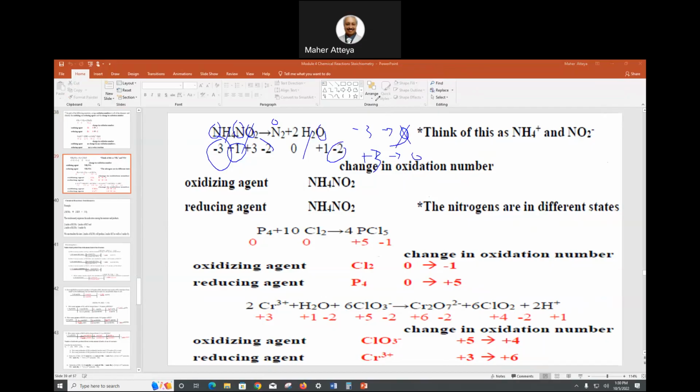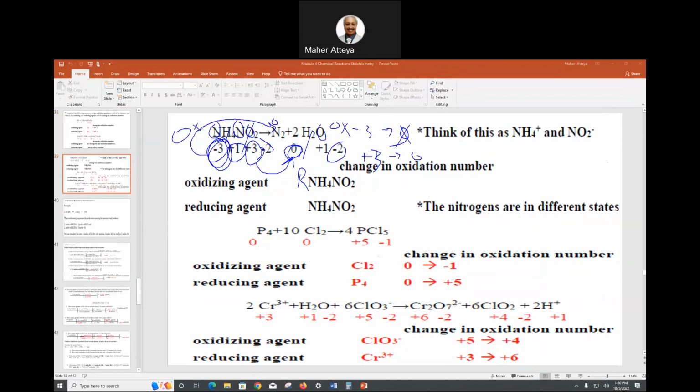The top one from -3 to 0 is oxidation. But the other one, +3 to 0, that's a reduction.